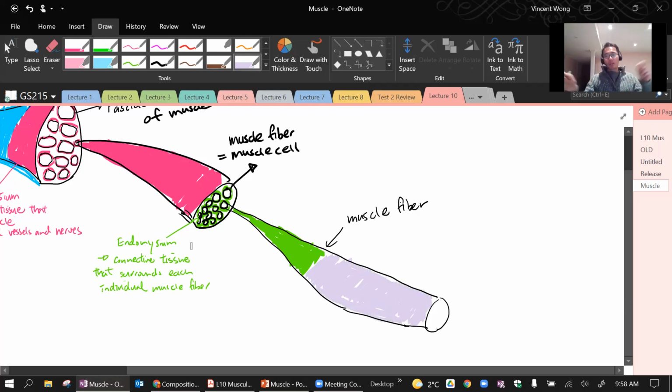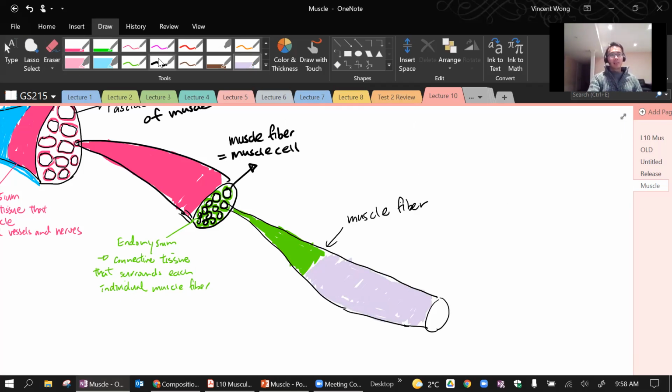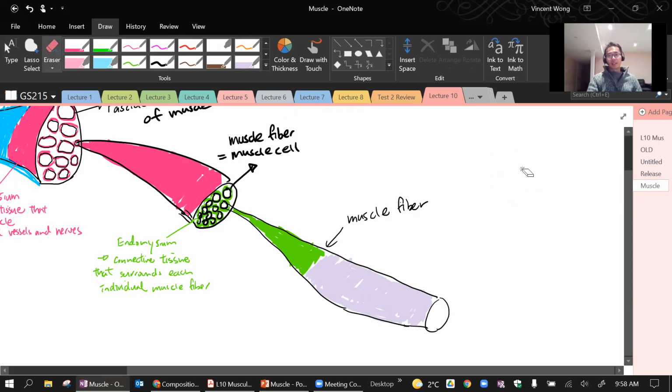The muscle cell is not like your typical circular cell. It's very, very, very long. So this is surrounded by the cell membrane. But because we're talking about muscle, we give it a special name. It is called the sarcolemma.